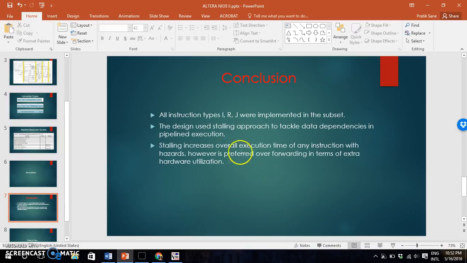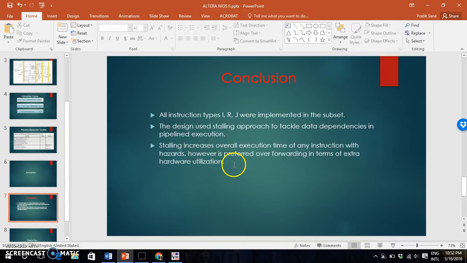To conclude, all the instruction types, that is I, R, and J, were implemented in the subset. The design used a stalling approach to tackle data dependencies in the pipeline execution. For the stalling approach, I simply compared the current read addresses and the write addresses in my future pipelinings, and if there was a match found, then I stalled the pipelining.